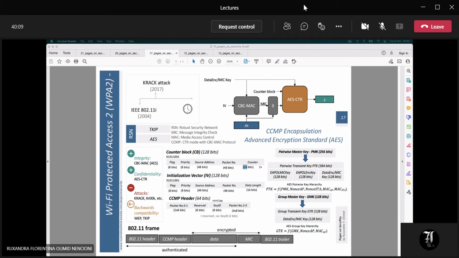What else is the access point generating as random? The CBC MAC.